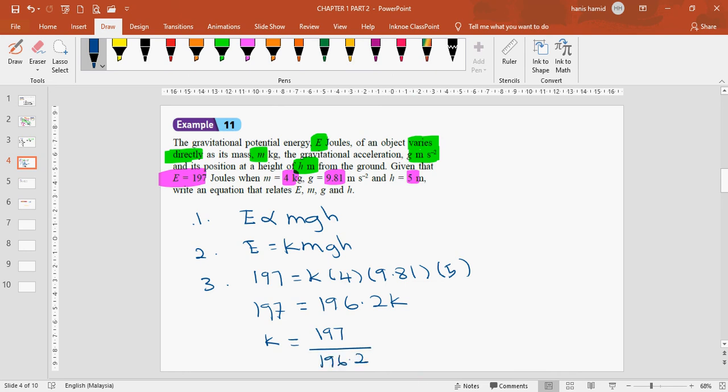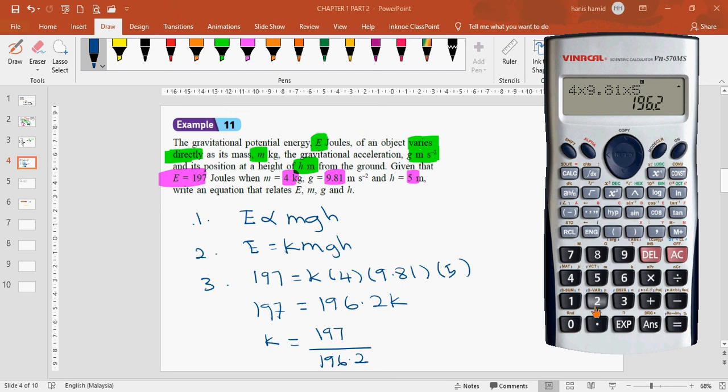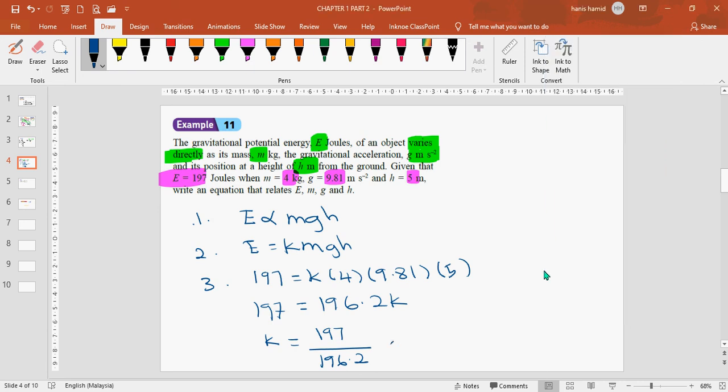Use your calculator: 197 divided by 196.2 equals 1.0040774272. For this case you can estimate, and the estimation is equals to 1.